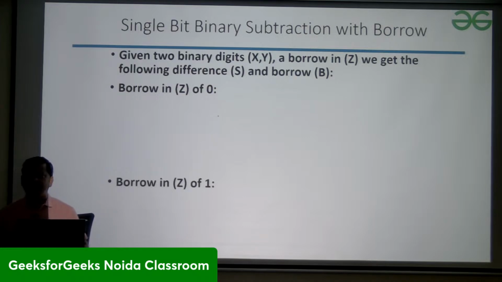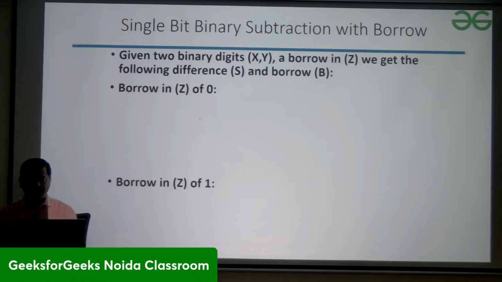If you want to have the subtraction in the binary, again we can treat that there is a previous borrow and there is no borrow. If you want to subtract x and y, you can simply consider that there is previous borrow or no borrow.